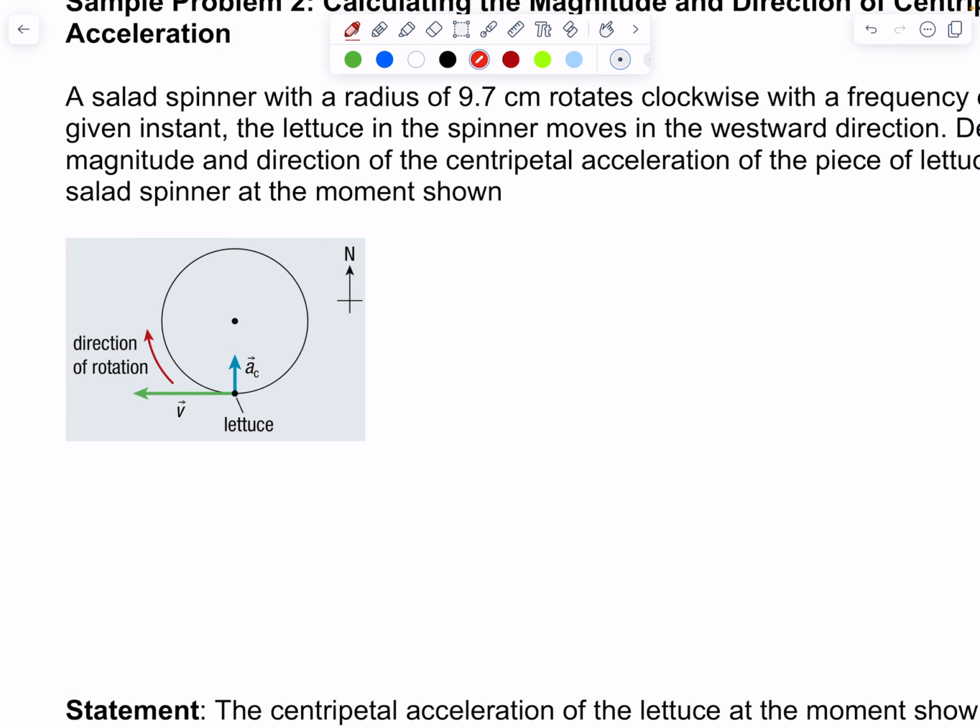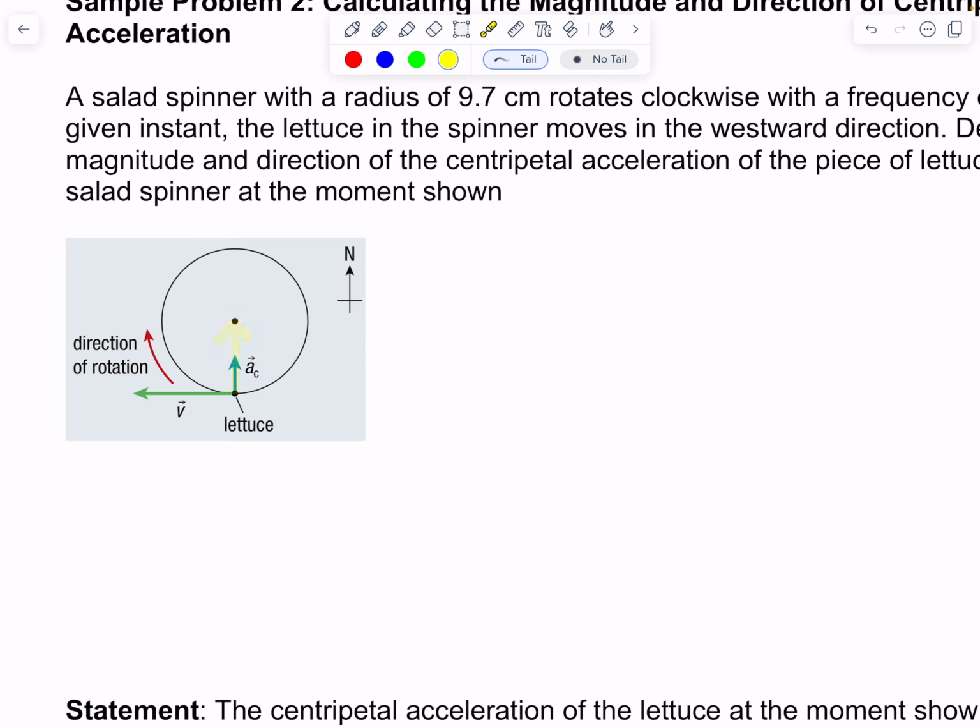So, since the velocity is changing as the salad spinner rotates in a uniform circular path, we saw up above that this change in velocity will result in acceleration that is directed towards the center of the circle.